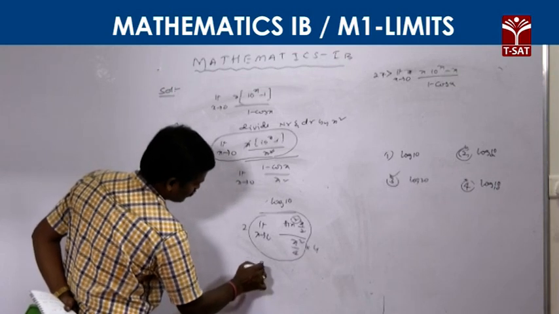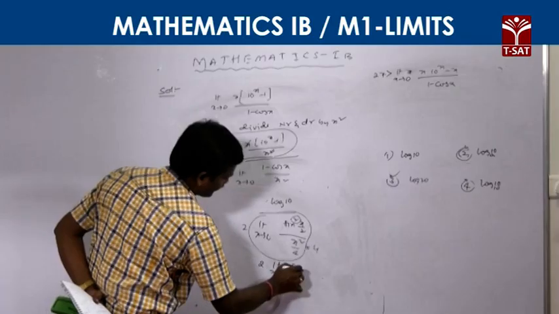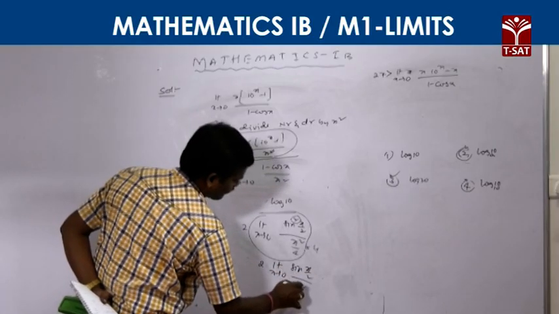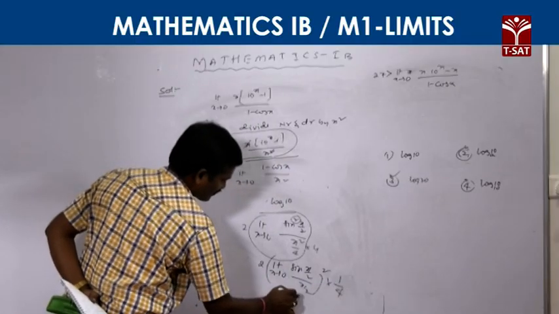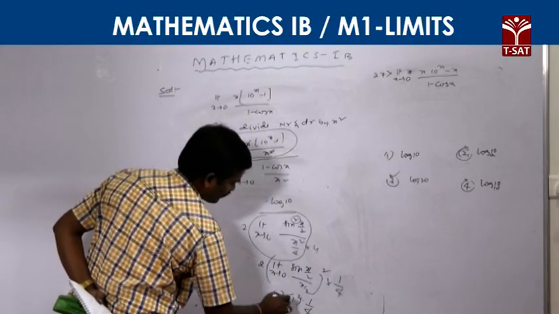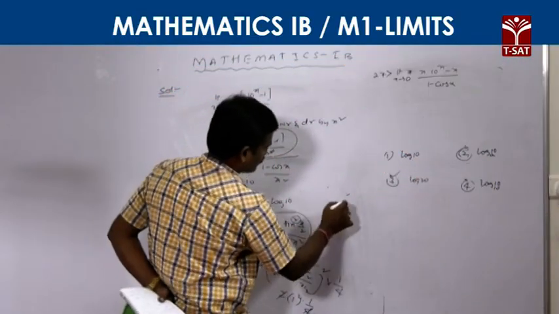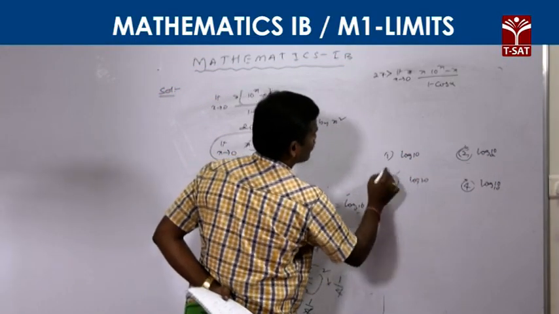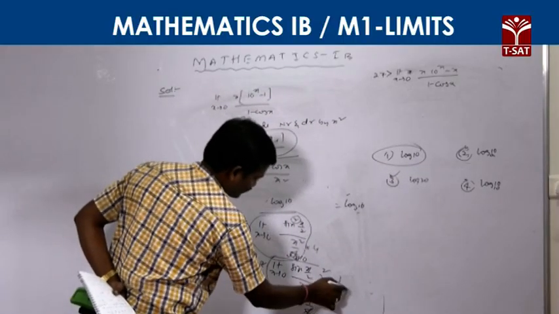So 2 into limit extends to 0, sin x by 2 by x by 2, whole square, into 1 by 4. So this one is 1 square. Here 2 into 1 by 4, so 1 by 2. This 2 also cancels. So just log 10 is the answer. So log 10 is this option, correct. Here 2 is there, here one more 2 is there, 2 2s are 4.